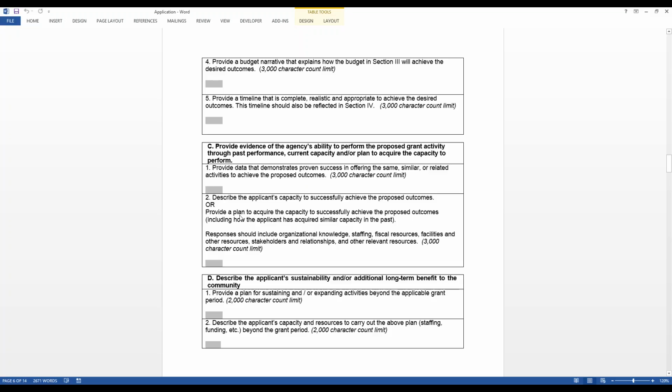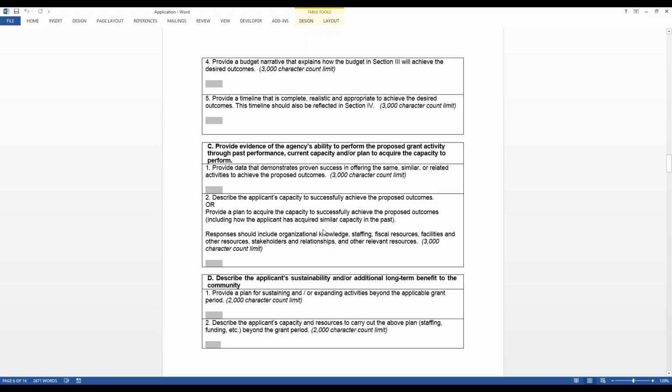Section C2 is about the capacity and resources. So if you do have existing resources and capacity, tell us more about them. Tell us about your organization's knowledge, history of success, staffing, fiscal resources, facility, maybe some relationships you established with other agencies and partners.